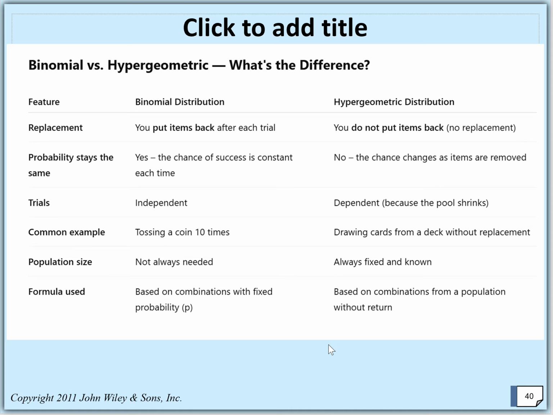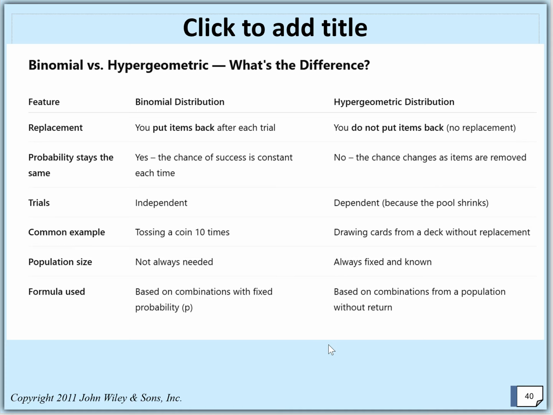Imagine that you have a big box and it has white and black marbles in it. 5 black marbles, 5 white marbles, and you randomly pick out one. It happens to be a black marble, and you take it out. Now 9 are remaining, but out of those 9, 4 are black and 5 are white. So the probability of picking a black marble as compared to a white marble has changed, because in the first trial you took out a black marble.